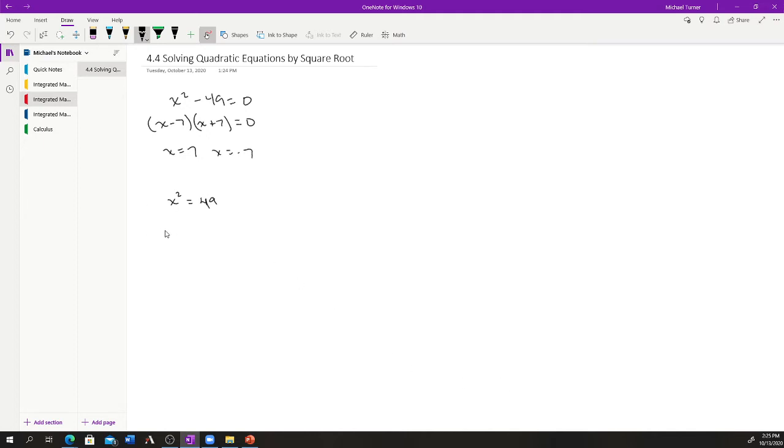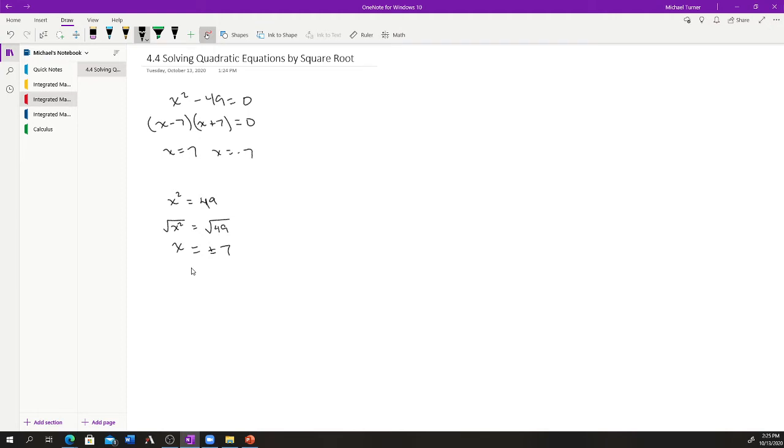So what I can do is take the square root on both sides, because that is an operation, and the square root and the square will actually cancel out. And then the square root of 49 is, remember there's always 2, plus or minus 7, which is the same as we got above. Now, if you want to write it separately, x equals 7, x equals negative 7, that's fine. Otherwise, we're using that plus or minus symbol.